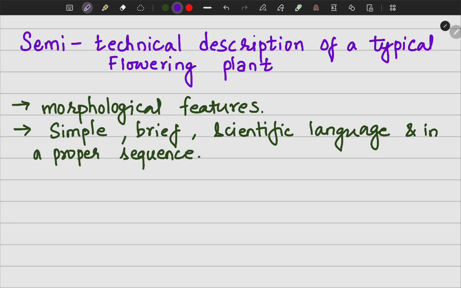So, in the sequence, first we will describe the habit of the plant. What does it mean?